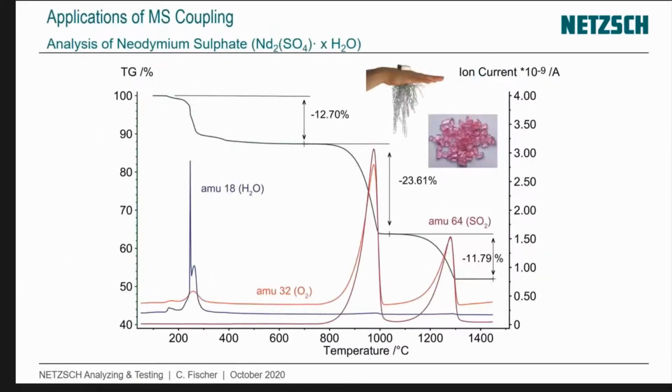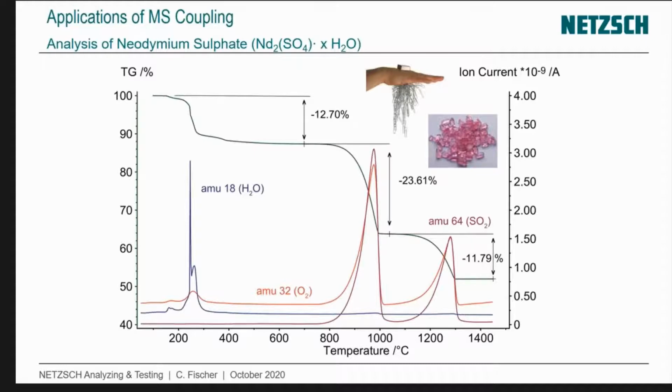The measurement of neodymium sulfate with an STA coupled to the Aeolos Quattro exhibits three mass loss steps of 13%, 24%, and 12%. Scanning the complete mass range from 1 to 500 AMU gave an increase in mass numbers 18 in blue, 32 in red, and 64 in purple.